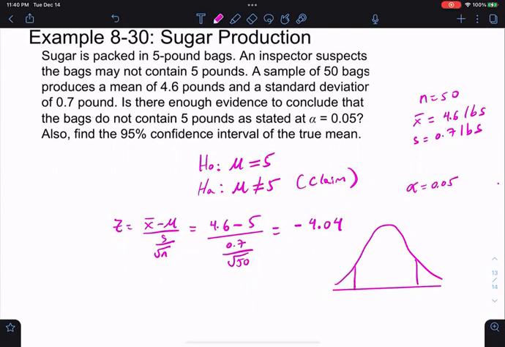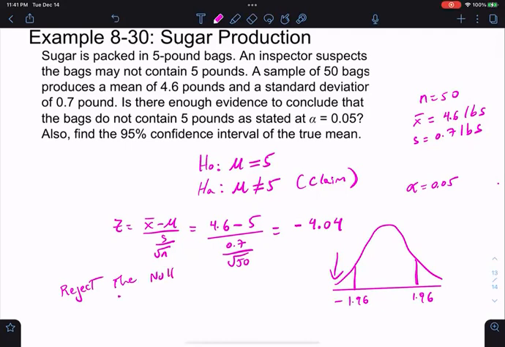But since this is a z test, I know that a level of significance of 0.05 means 1.96 here and negative 1.96 here. So see, this is an extreme value, we reject, right? Because it's in the rejection region. So we reject the null.